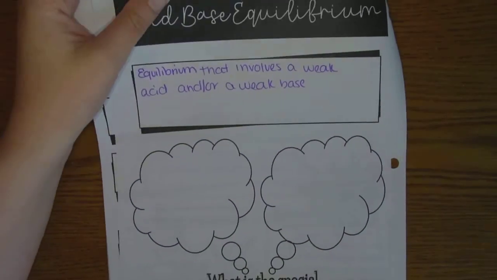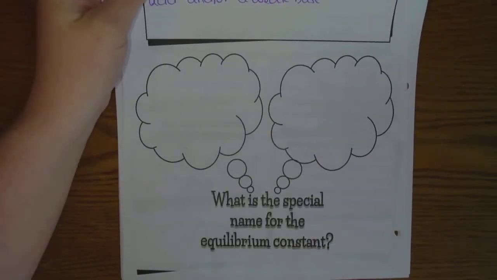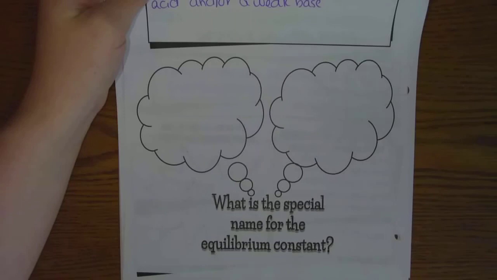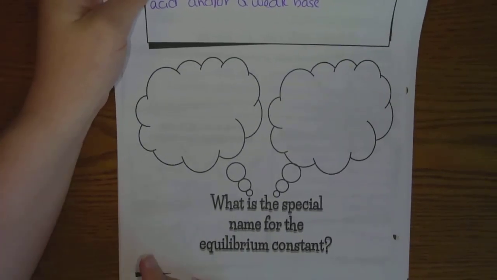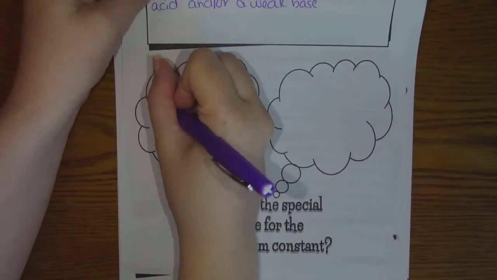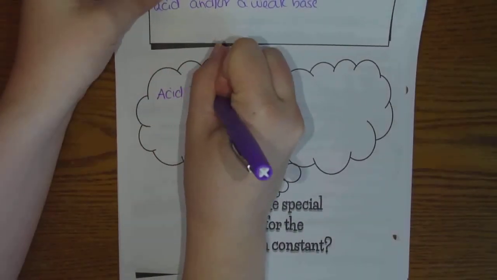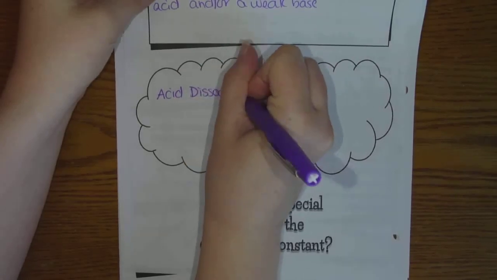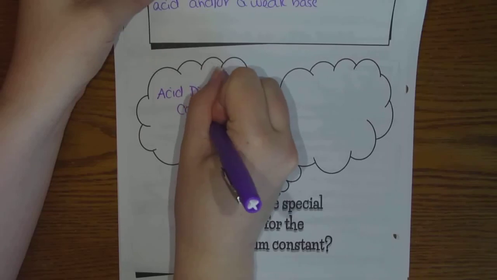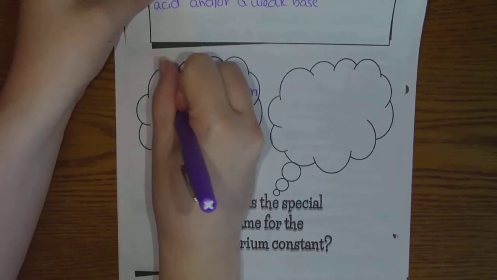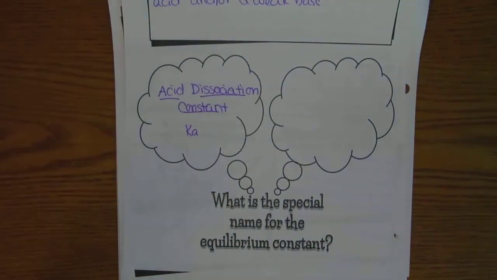So, we have special names. Remember, we had the equilibrium constant that we talked about previously. Now we're going to have two different types of names for our special constants that are found in acid-base equilibrium. The first one is the acid dissociation constant, and this constant is going to be Ka.